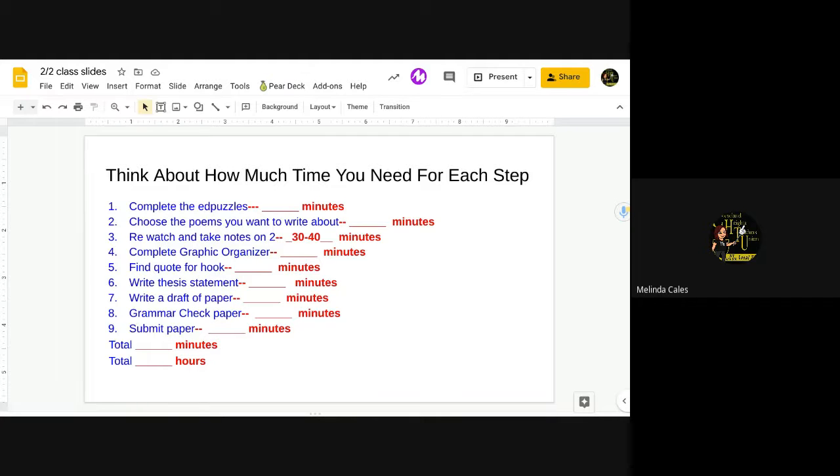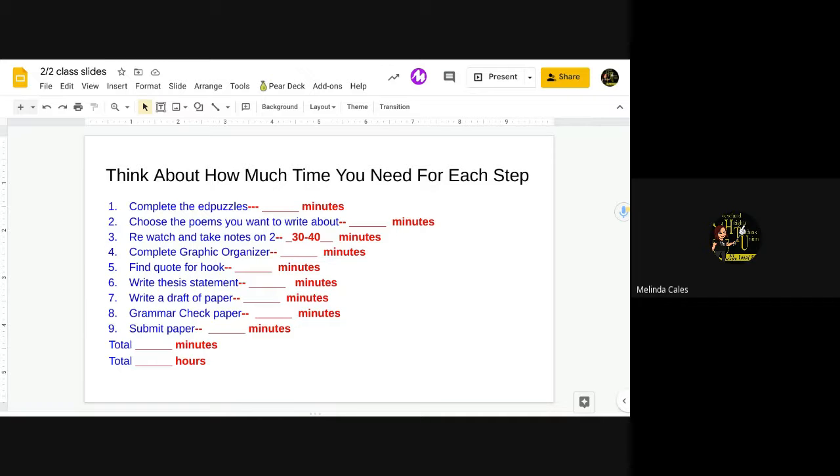Okay. Sometimes there aren't going to be as many steps as there might be in this one. But with this one, I sat down and thought, if I were a student and this was my assignment, what would I need to do in what order to get to the point where I'm actually ready to sit down and start writing?